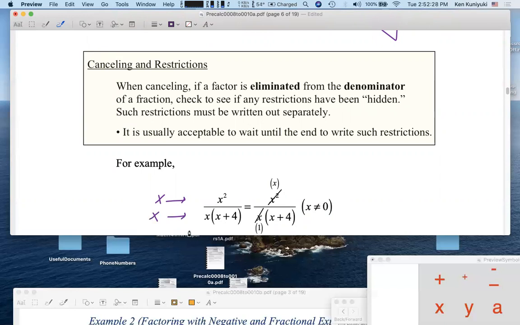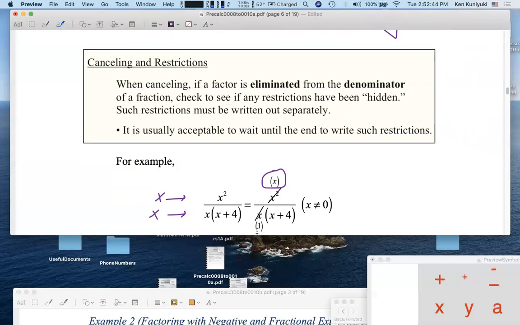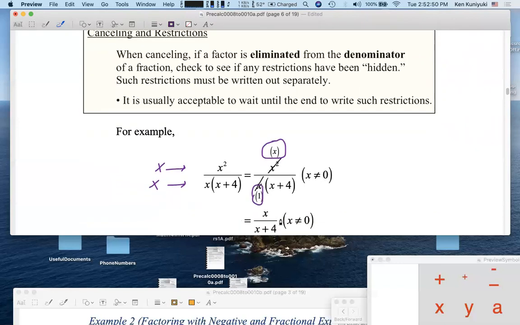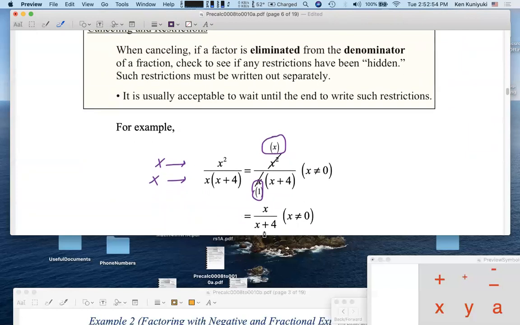So here, canceling or division would be appropriate. X squared divided by x is x alone. I'm putting parentheses just to be safe. Over here, when we divide the bottom by x, well, x divided by x here is 1. It's good to indicate the 1 down here. Right? And the x plus 4 still survives. So you end up with x over x plus 4.